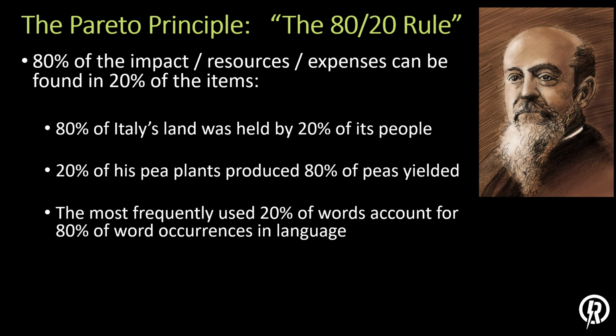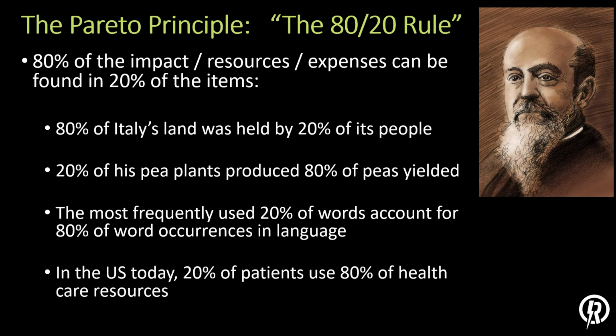In other words, 20% of the words show up 80% of the time that words show up. Today, another example, 20% of patients use 80% of our healthcare resources. So this isn't a hard and fast thing, but it is a general principle that is found to be true in all different parts of the world, all different parts of the natural and digital world.